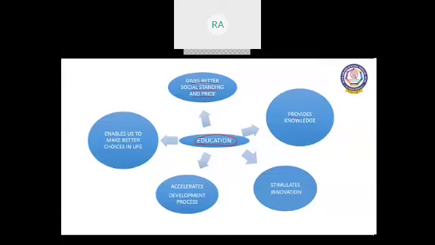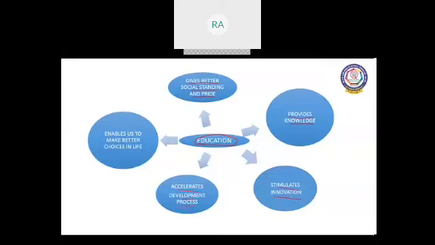Education provides knowledge. It not only provides knowledge but also the skill and intelligence. Education stimulates innovation. Education accelerates development process.